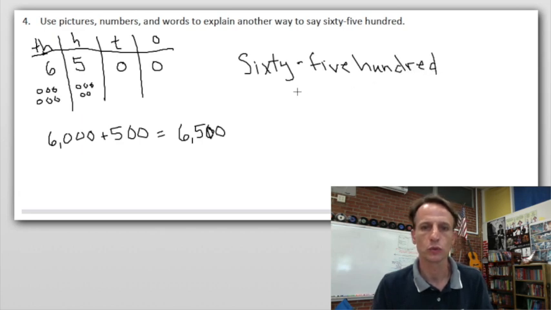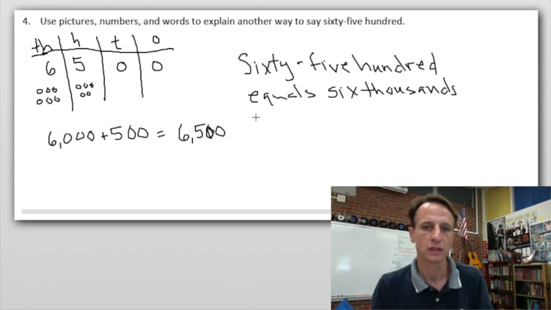is equal to what? How many thousands? That's right, 6 thousands. And how many hundreds? And 5 hundreds. And then we'll put it into word form.